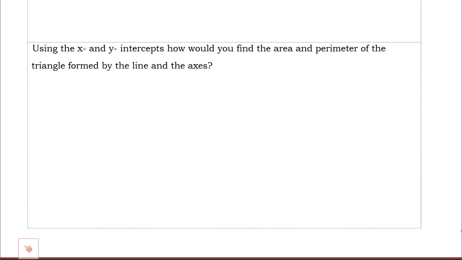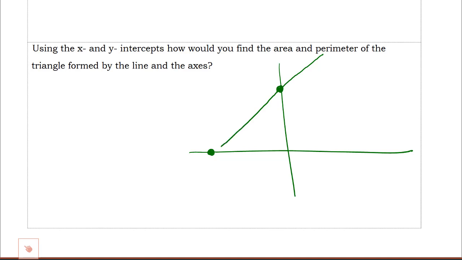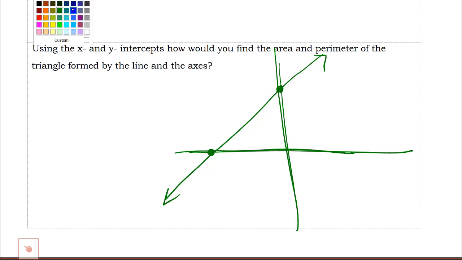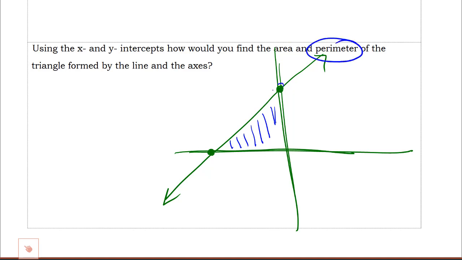All right, now, here's a line with an x and y intercept. Here's the x-axis, here's the y-axis. Hopefully you see the triangle that they're talking about. Yes? How do I find the perimeter of this triangle?